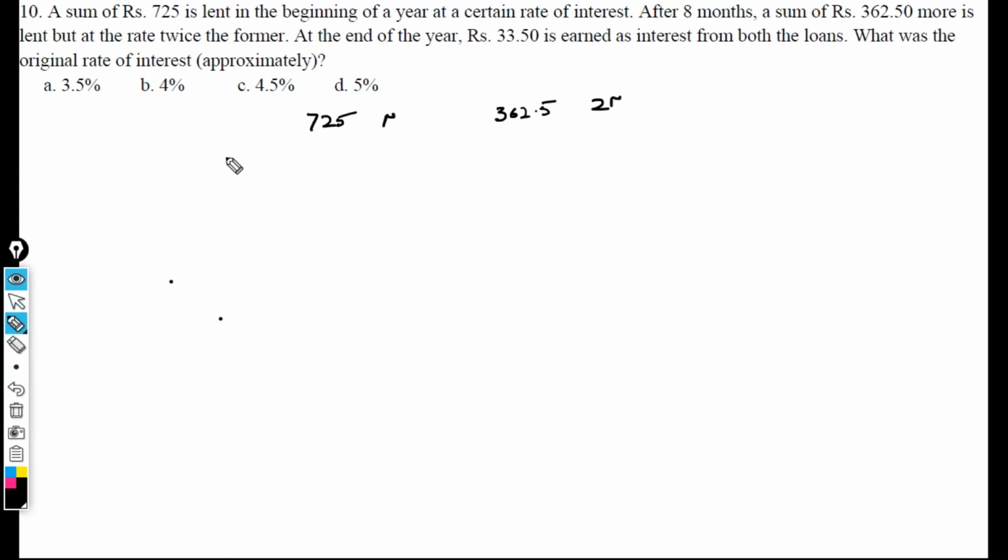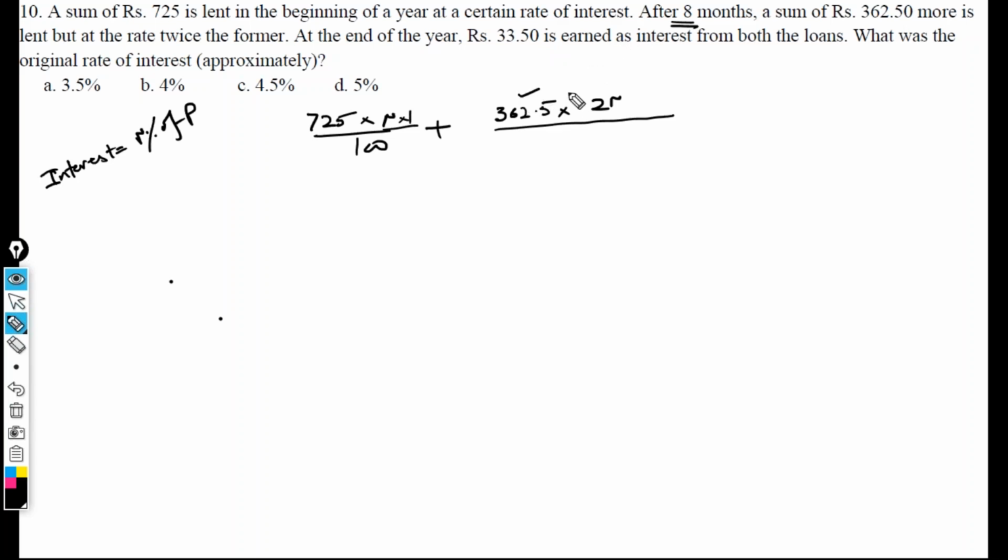So, guys, can I say that the interest earned in 1 year is R% of P? So, which in this case is going to be 725 into R divided by 100 plus 725 into 2R. Now, in this case, your period was 1 year. But in the second case, the investment has taken place after 8 months, right?